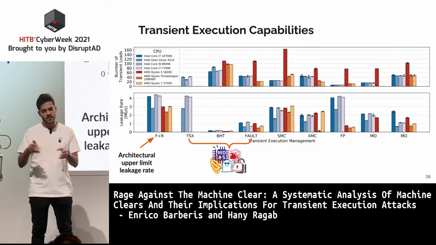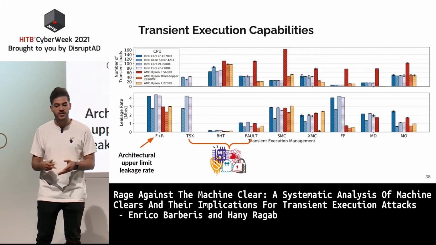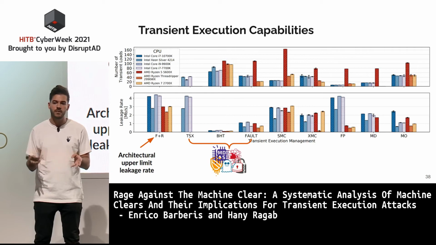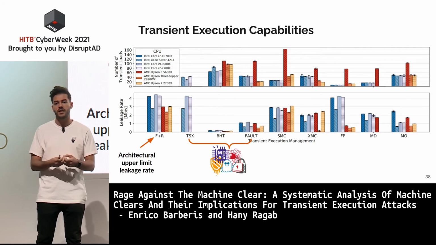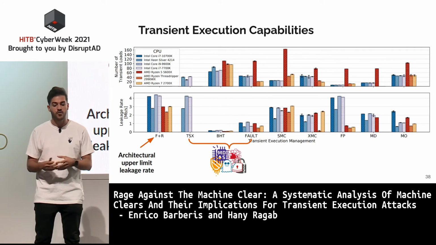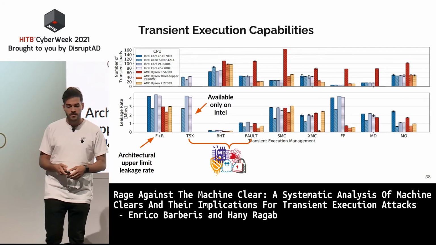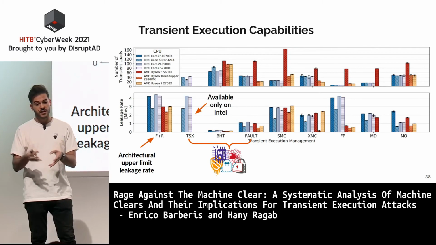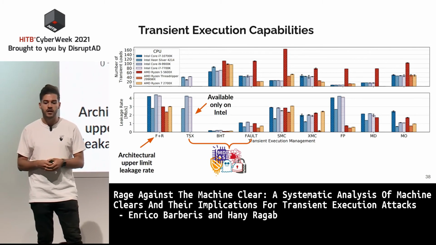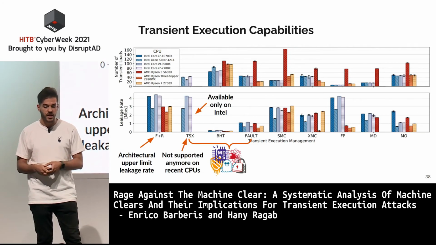And then we have Intel TSX, BHT, and faults, which are the three mechanisms that all previous transient execution attacks were relying on to create transient paths, where Intel TSX is obviously available only on Intel and is not supported anymore on recent CPUs.